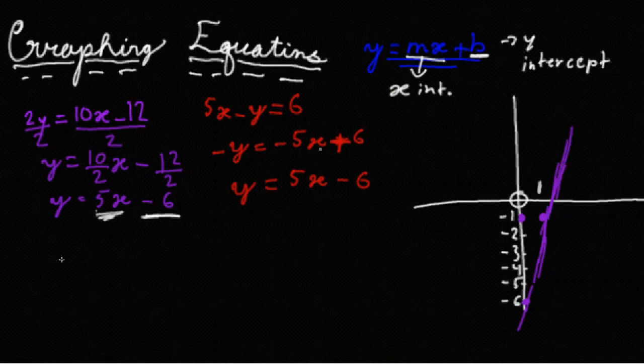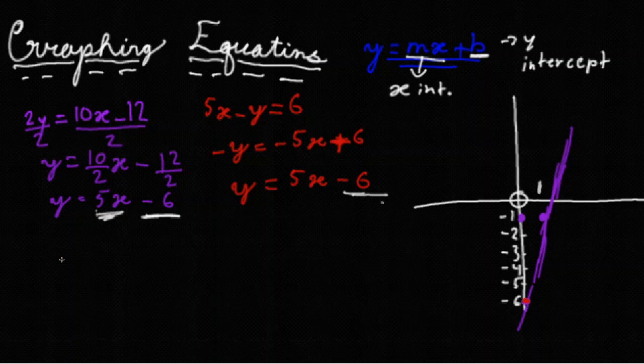For the second one, it's the same equation, but as a review, I'll do it again. Our y-intercept is negative 6, so we go down 6 to negative 6 right here.